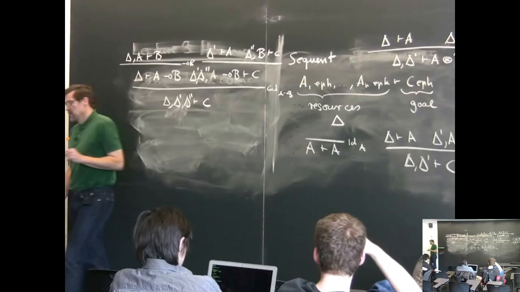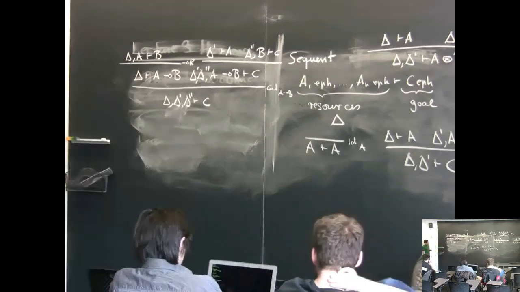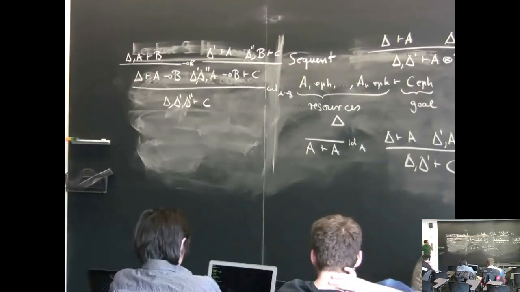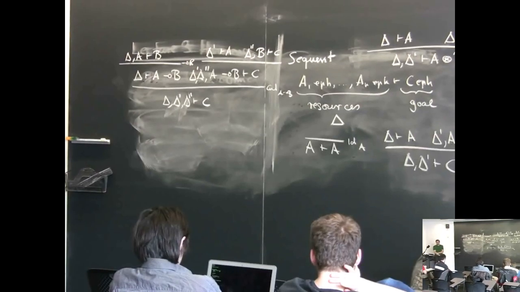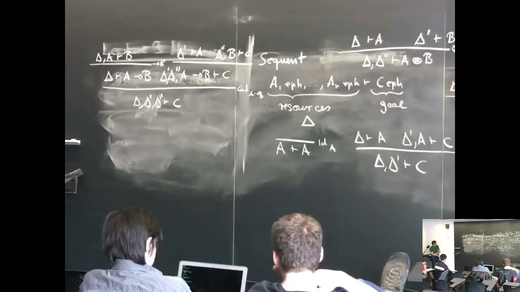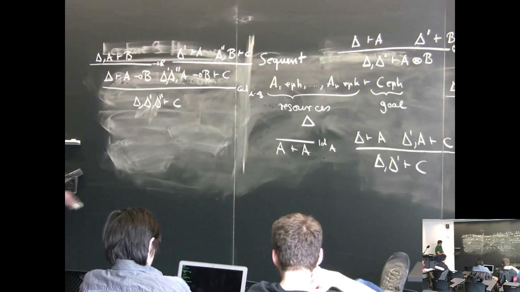I can actually reduce it to a cut at a simpler type. And how would I do that? How would I reduce that? Anybody see how that works? This is the left rule here.